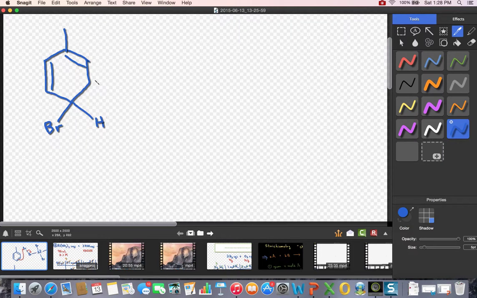What's important to remember with these sigma complexes is that we're going to have a series of resonance stabilized carbocation intermediates. And these carbocation intermediates will occur ortho and para to where the bromine has been added. So I'm showing the bromine being added to the para position. I could just as easily show it being added to either of the two ortho positions. And I'm doing this on purpose so that it matches up with one of the answer choices.